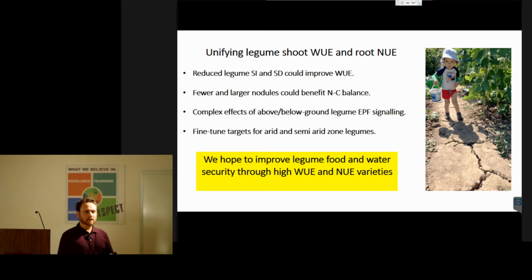these are complex processes and interactions between below ground and above ground parts of the plant, and EPF signaling is still a big unknown in some ways. But we hope that the more we look into this, the more we could fine-tune either using different promoters or different backgrounds for arid and semi-arid farming of legumes.